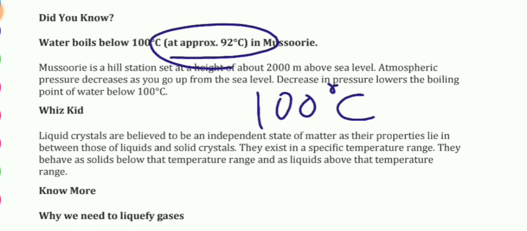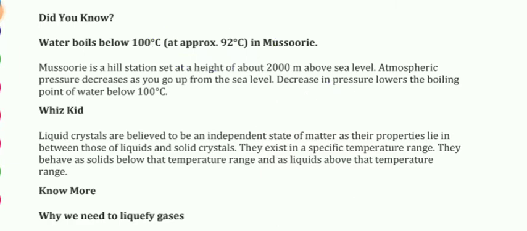This is because at the top of the Mussoorie hill station the atmospheric pressure is very low. I hope you know that with increase in height the atmospheric pressure decreases. Okay, so if the pressure decreases, the particles move quite faster.